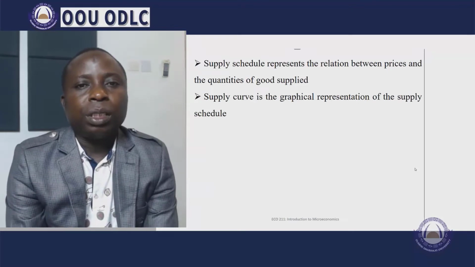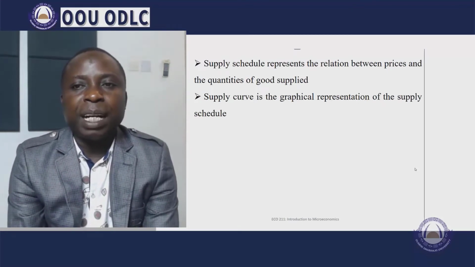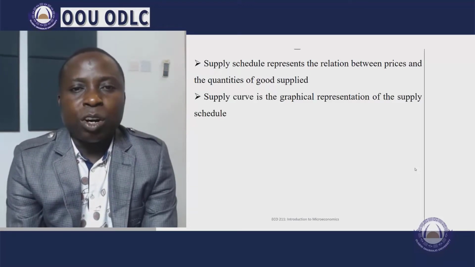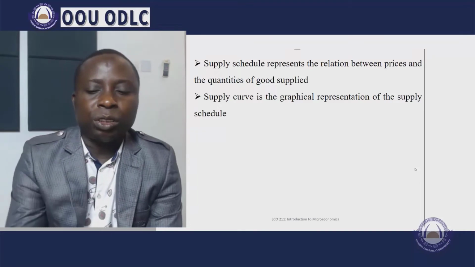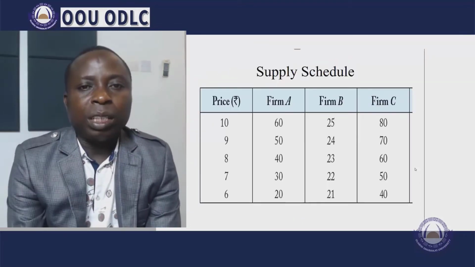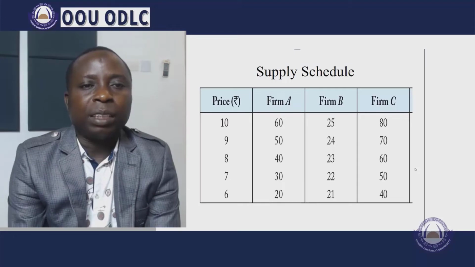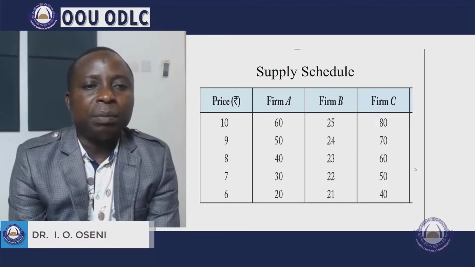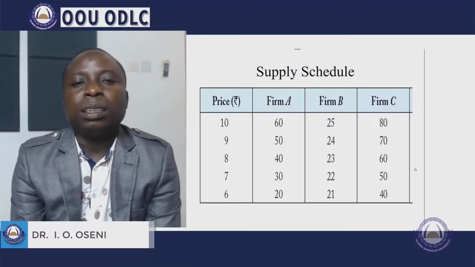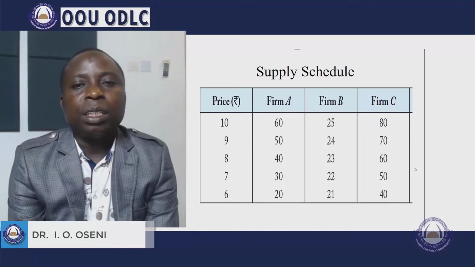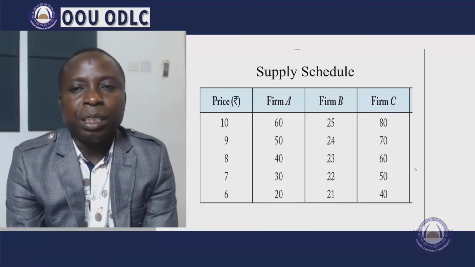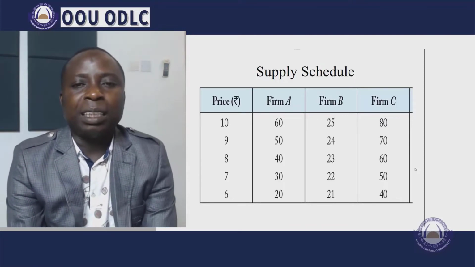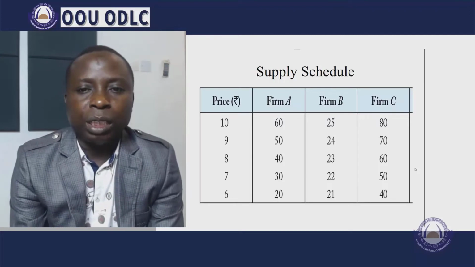Supply schedules represent the relation between prices and the quantities of goods supplied, while supply curve is the graphical representation of the supply schedule. Looking at the supply schedule, table 1, there are 4 columns. The first column represents price, the second column represents firm A, the third column represents firm B, while the fourth column represents firm C, which implies that there are 3 firms in the market.